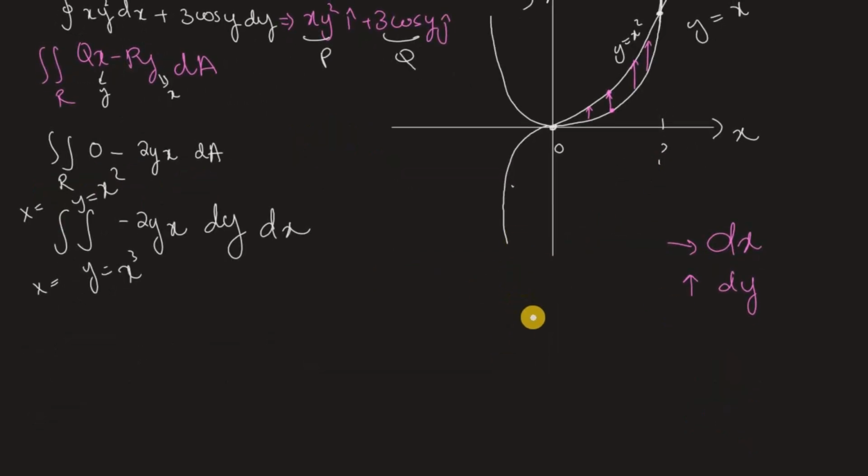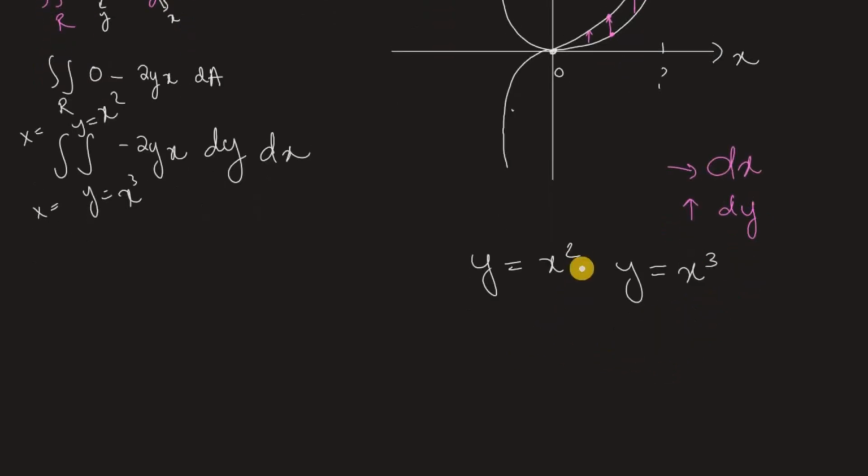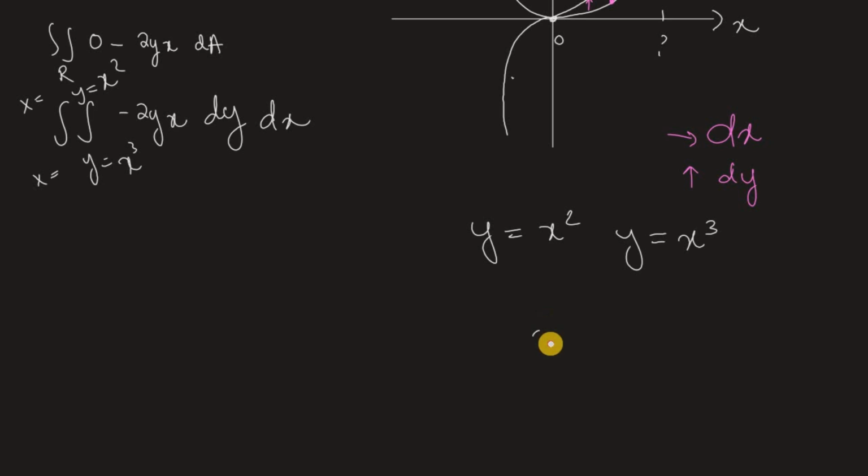To find the intersection point, we simply equate the equations of the two graphs. So we have y equals x squared and y equals x cubed, and we equate these two, so x squared equals x cubed.